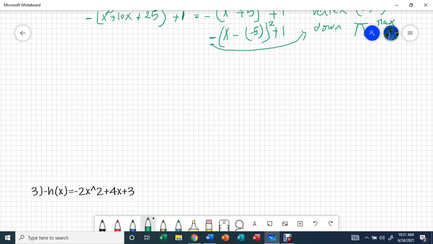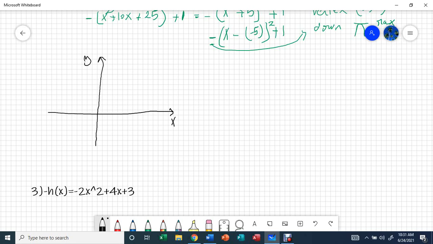So let's graph this function. We have my x-axis and the y-axis.